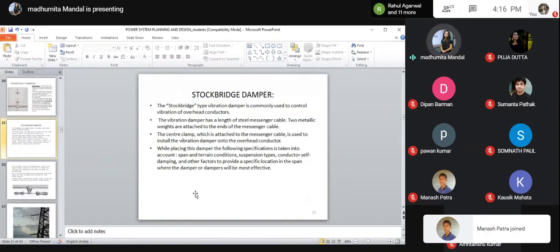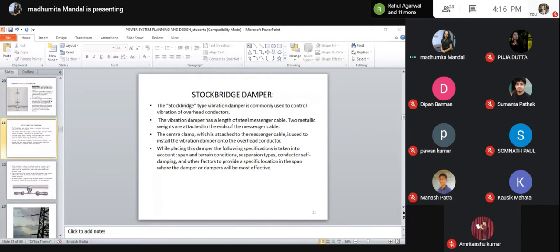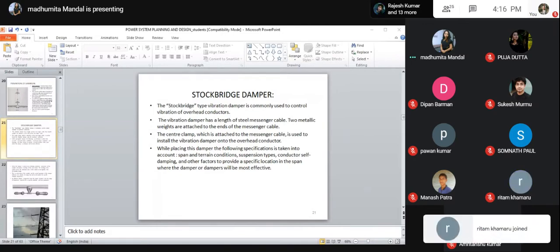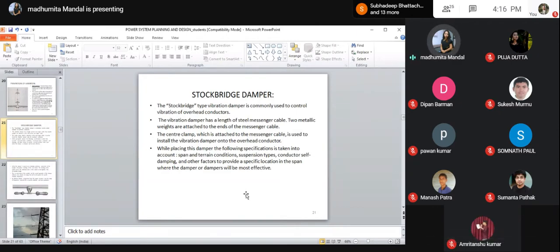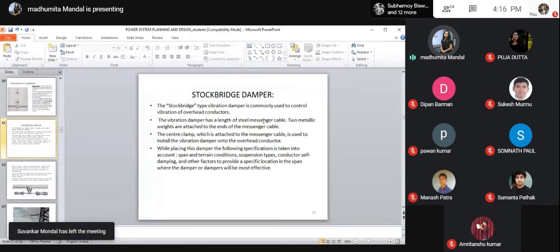Next one is the stock bridge damper. Stock bridge type vibration damper is commonly used to control vibration of overhead conductors. The vibration damper has a length of steel messenger cable.